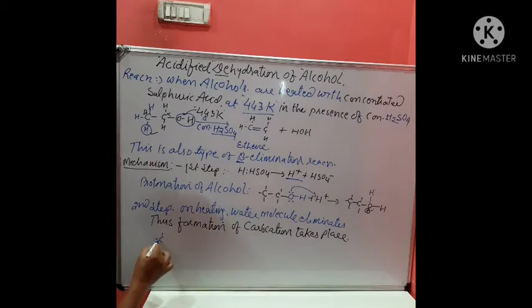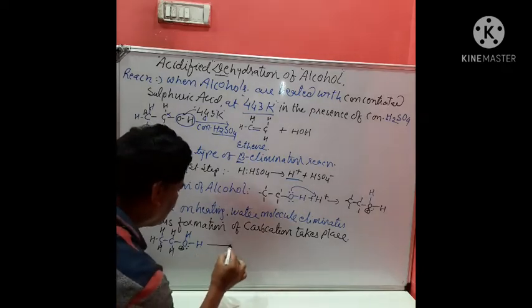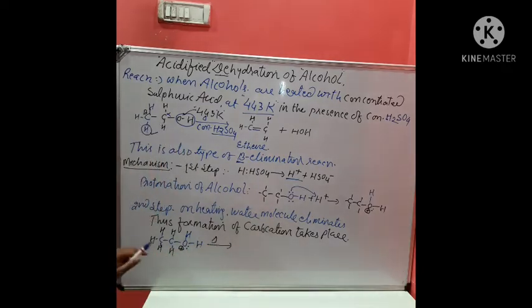Say this is CH3, this is CH2, this is O, and this is H, the protonated alcohol, which has one lone pair only with positive charge. So when it is heated, the water molecule is eliminated.